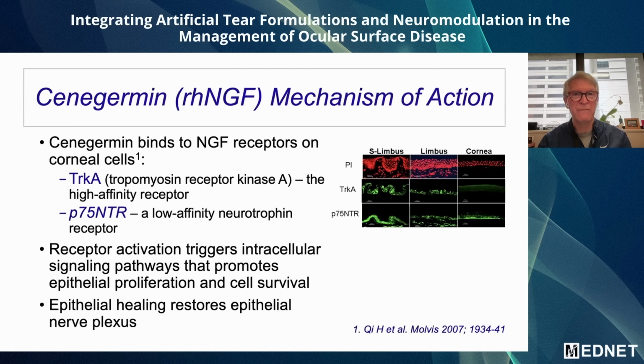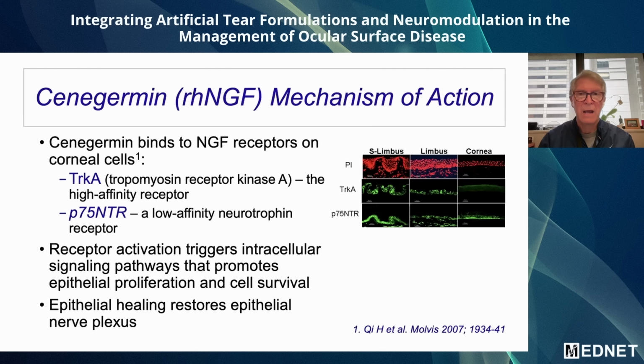Cenegermin binds to NGF receptors on the corneal epithelial cells, and there are 2 NGF receptors, the TrkA receptor, which is a high affinity receptor, and the P75 receptor, which is a low affinity neurotrophin receptor.